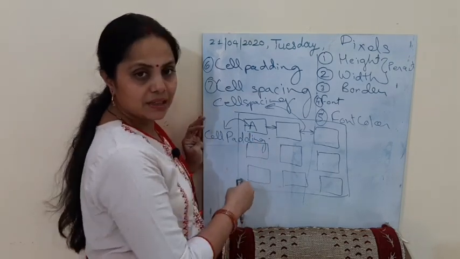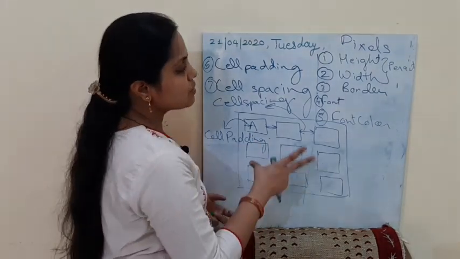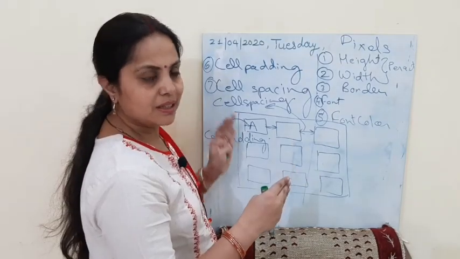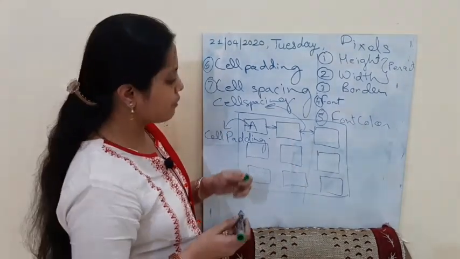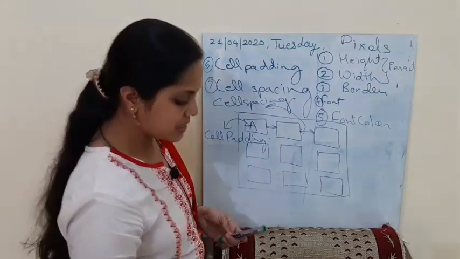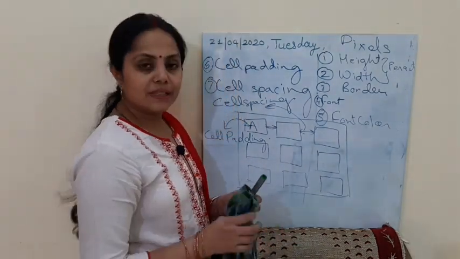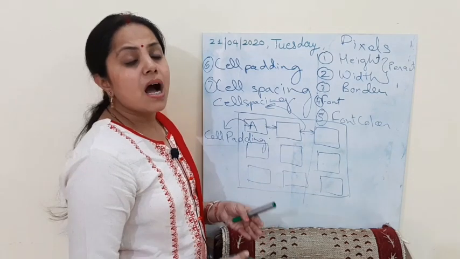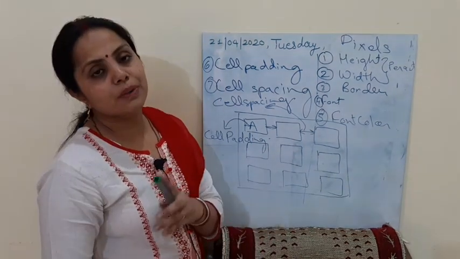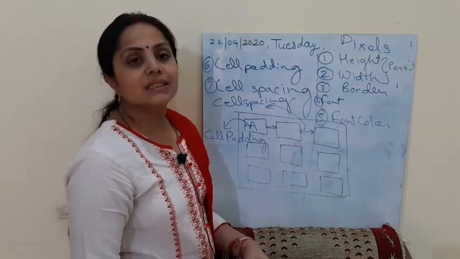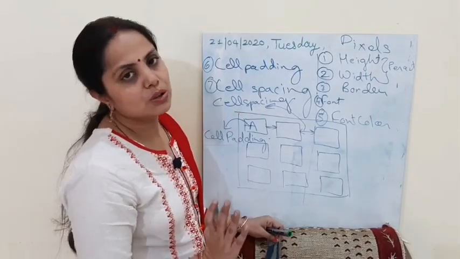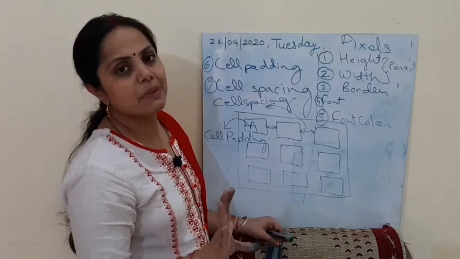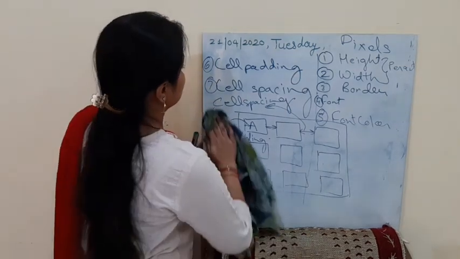Height shows the length and width shows the breadth of the table or the image being used. The percentage tells us how much percentage of the page will be covered by the table along the length and along the width. If I give pixels, it will match the number of pixels.